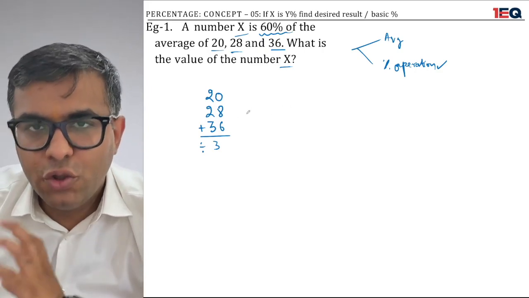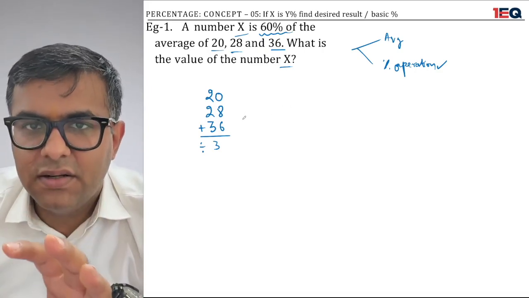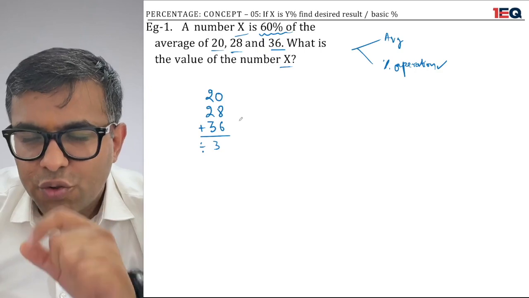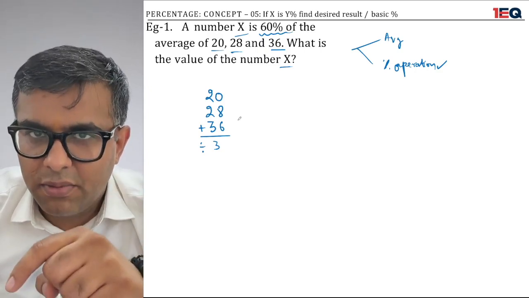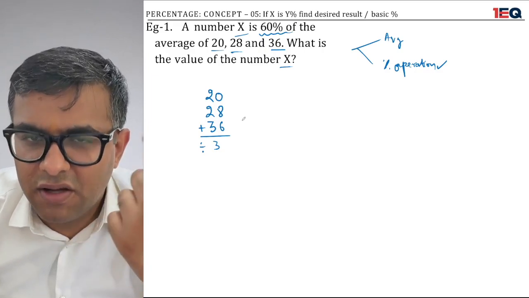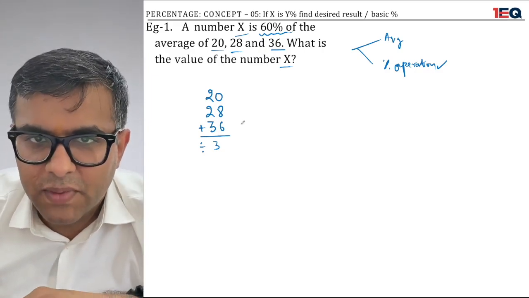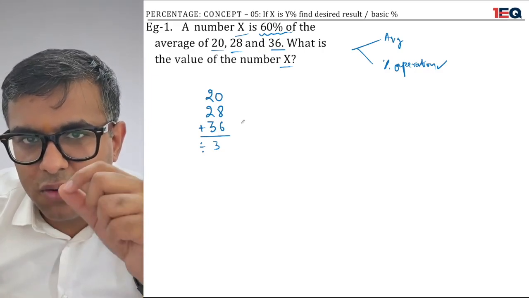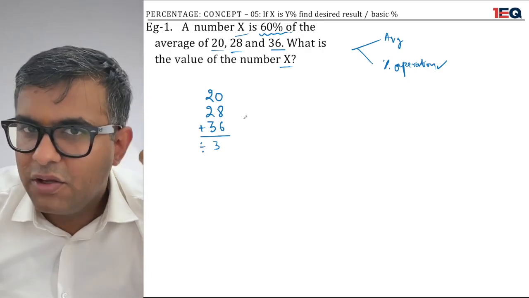Usually the number that is considered to be the average should be the middle number, neither the highest nor the lowest. So always take the middle number to be the average, and then work on that.